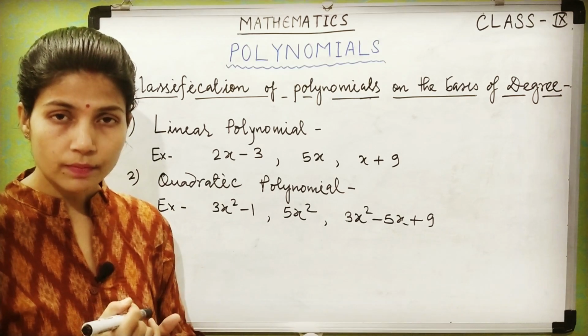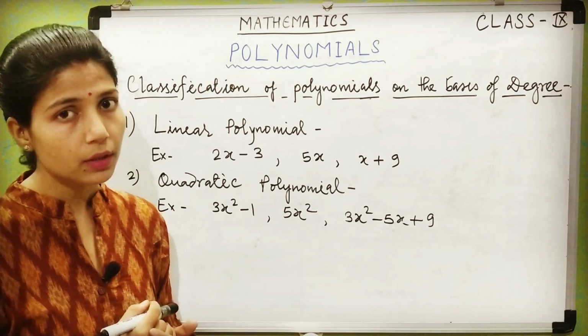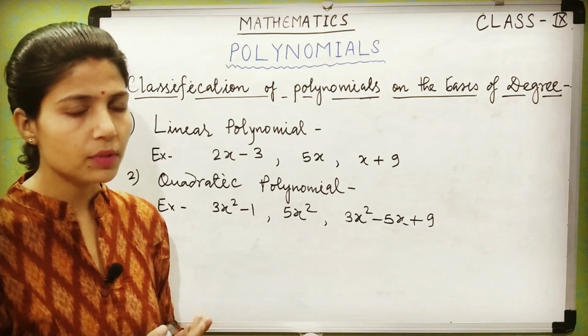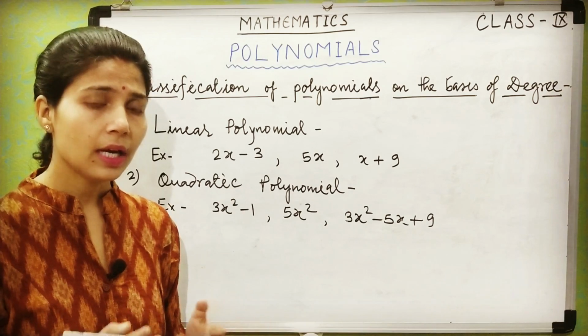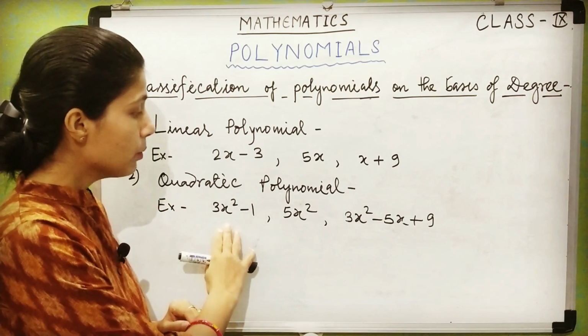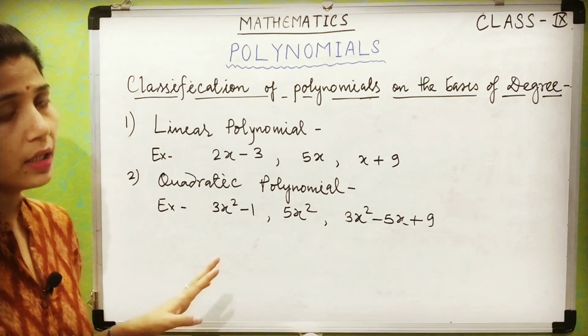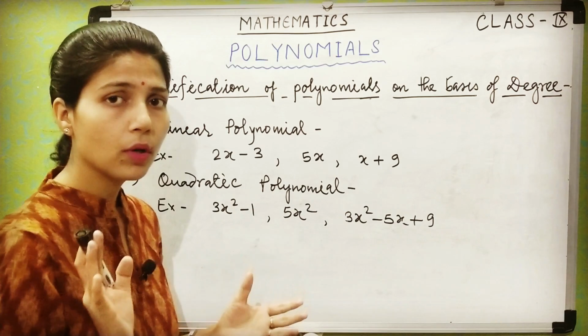If the degree is 2, the most terms will be 2 plus 1, that is 3. So if you are given only the degree, you can decide the maximum number of terms. By looking at only the degree, you can tell the maximum number of terms in the polynomial.